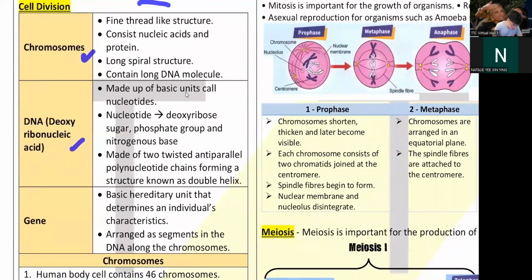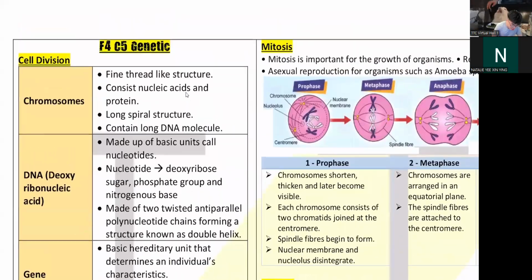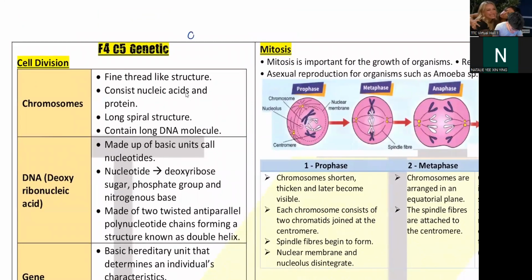Anyway, let's begin with genetics, a very important chapter. We have 3 things that you should know. Let me draw. First, you have this, and you have this. This is what we call chromosome. If your mom does sewing, she uses thread, a roll of thread.